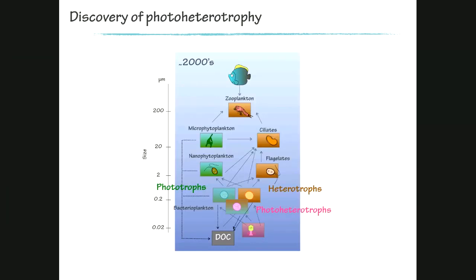So until early 2000, only 2 types were considered, phototrophs and heterotrophs. But in 2000, there was the discovery of photoheterotrophs, and now we know that there are 3 kinds of bacterioplankton in terms of carbon metabolism.